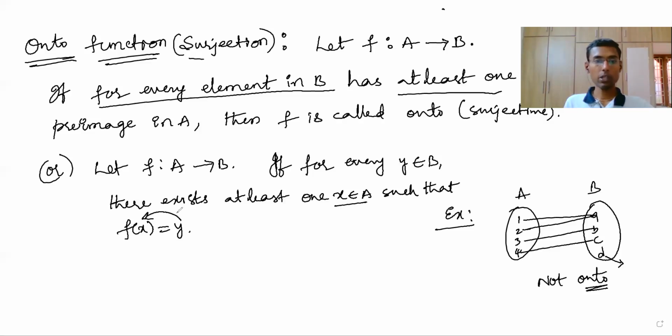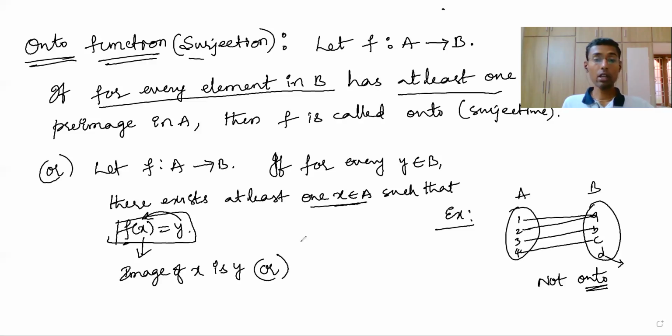For every Y belongs to B, there exists at least one preimage. I didn't say preimage here; I wrote F of X equal to Y. F of X equal to Y means what? Image of X is Y under function F. Or you can say preimage of Y is X, yes or no?